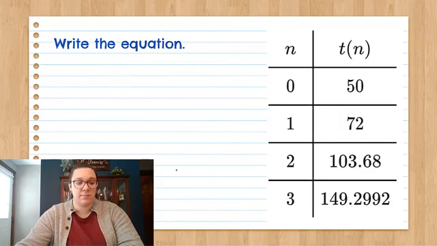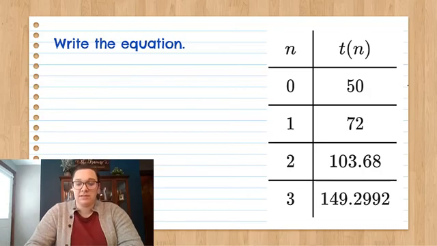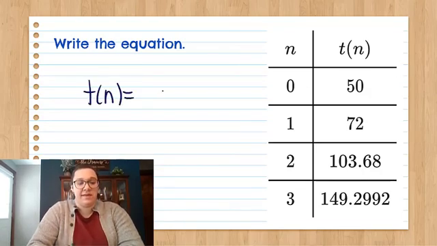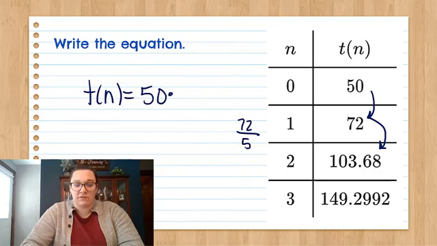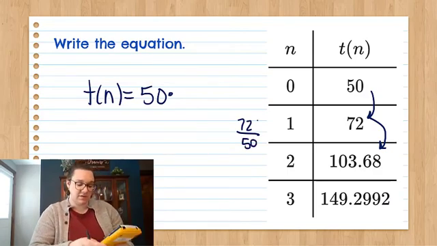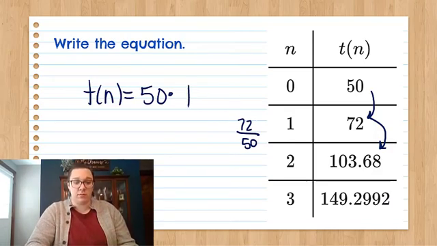Here comes our last one. I see my 0 value already is 50, so t of n equals 50 times our multiplier. Let's find that. I'm going to use 72 over 50 to find it. So 72 over 50 is 1.44 to the n.